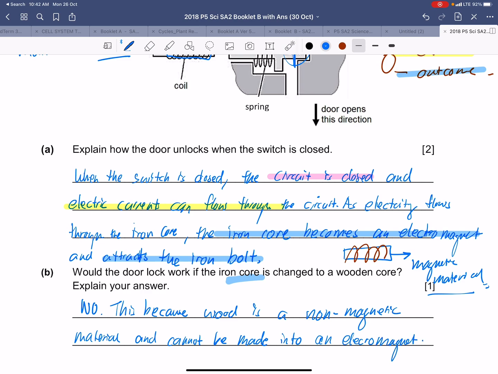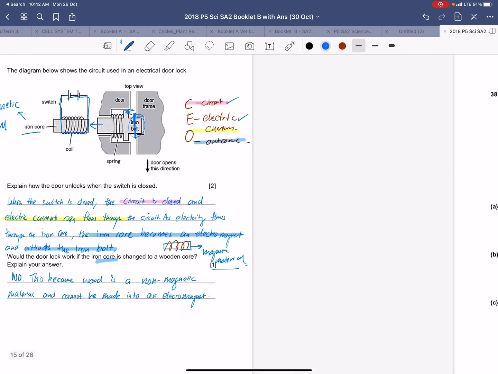It's also not enough to just say it's non-magnetic and stop there, because you need to tell me, so what if it's non-magnetic? In this case, because you need an electromagnet to work, you have to tell me that because of that, there is no electromagnet. Alright, moving on.